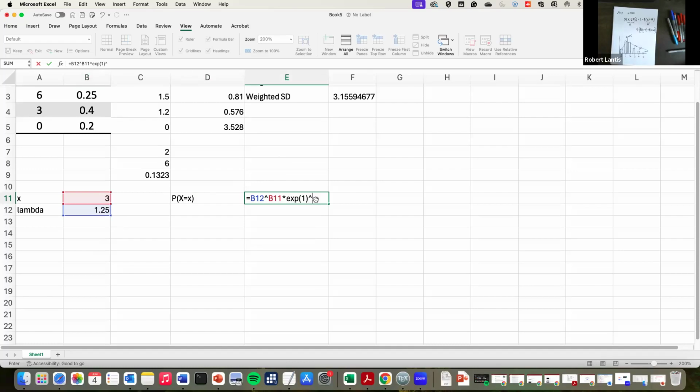I'm going to take that to the power of negative lambda. I'm then going to take all of that and divide it by X factorial, which I forgot to put in first. This is just my Poisson distribution equation. I'll hit enter. Sure enough, I get 0.09.